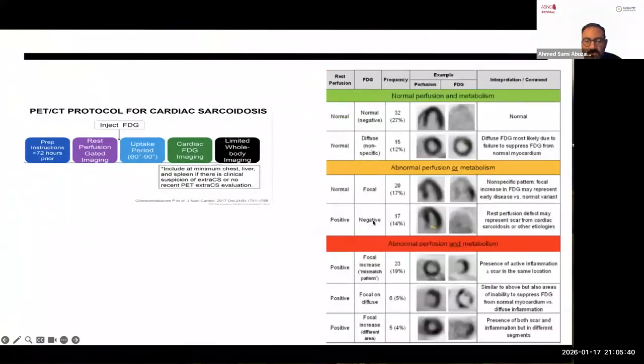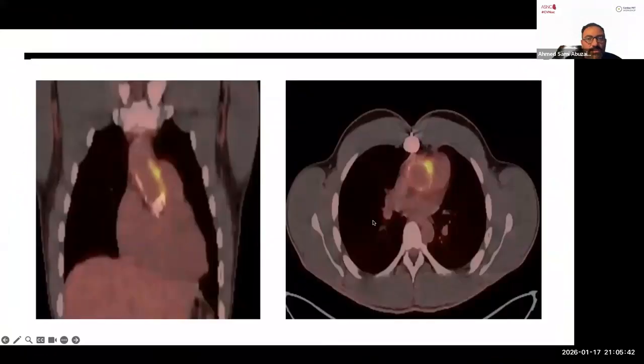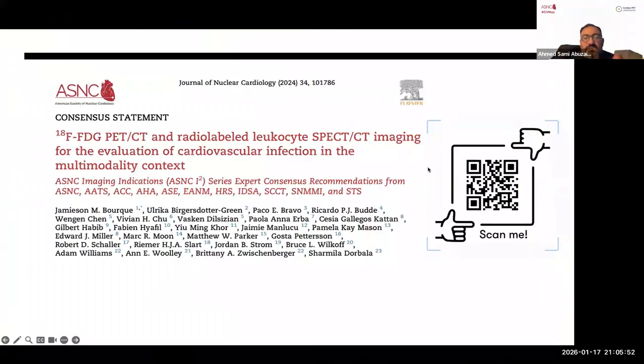Yes. We'll not talk about sarcoid, but for example in this case, with the PET, this is someone who had an aortic valve replacement, and he has a little bit of uptake with FDG, and we have new uptake guidelines in this, right? You have the radio-labeled SPECT CT, and also now the value of FDG PET.